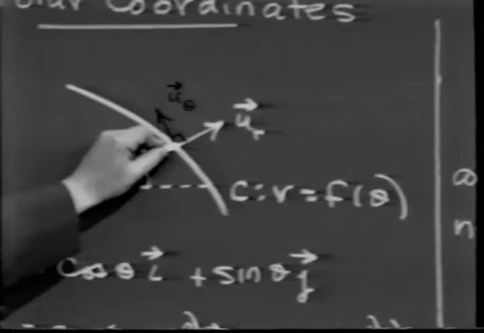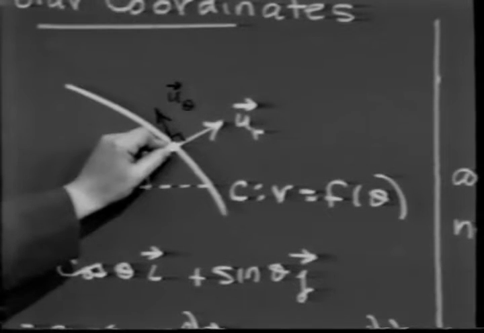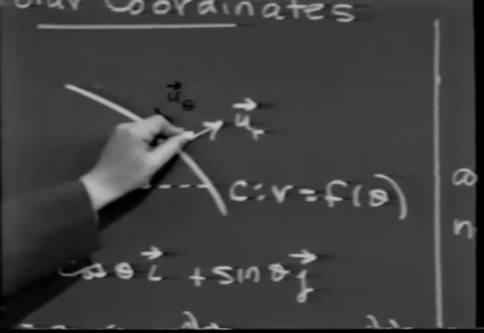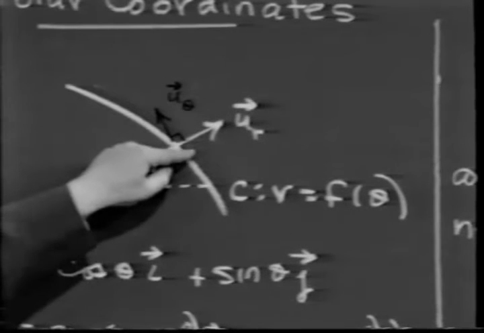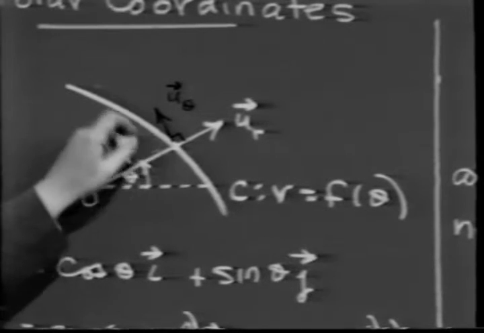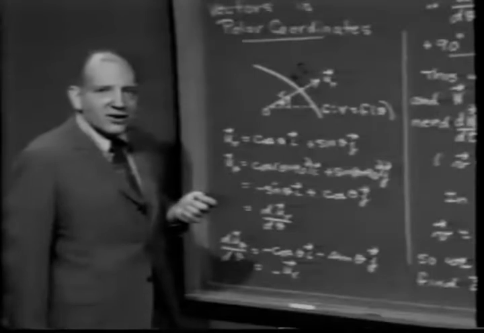Notice in this particular diagram, for example, that if you look at u sub r and u sub theta, if you think of a vector whose direction is tangent to the curve at this particular point, that vector will have, in general, both a u sub theta and a u sub r component. In fact, in this particular diagram, it will have a u sub r and a u sub theta component. Okay?